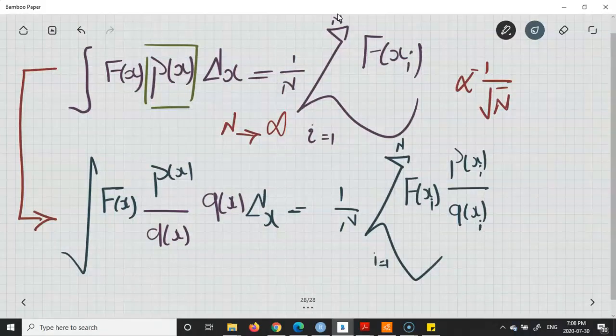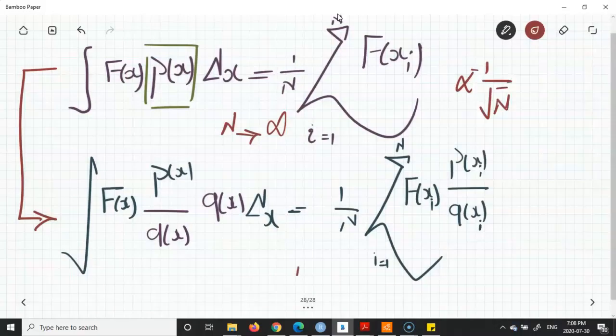And the same assumption is valid here: n should go to infinity.